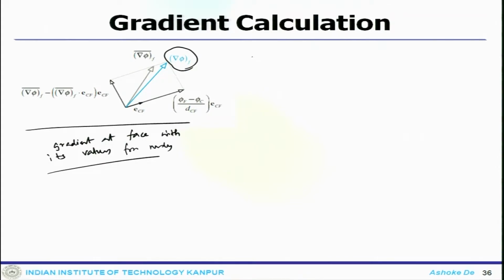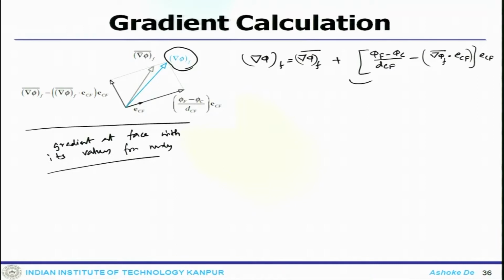So, if I have to expand this mathematically, how do I write that? This is essentially delta phi at face plus some phi f minus phi c divided by d c f minus delta phi f dot E c f, and then E c f.